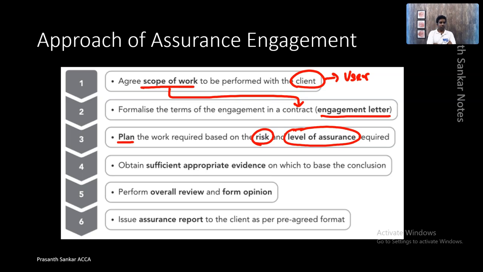I'll go back to this first example I told you. Let us say you are sitting in a restaurant. You ordered the food, you ate the food, and you paid 1,000 rupees bill to the restaurant. Tomorrow, and the reason why you went to this restaurant and had this food is because there is a food blogger or a reviewer who said the food is excellent over here.